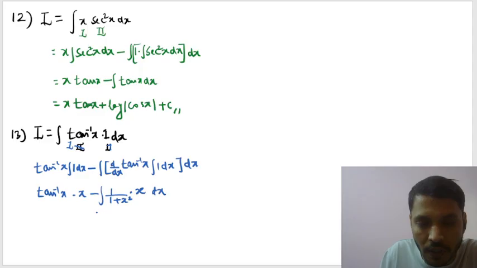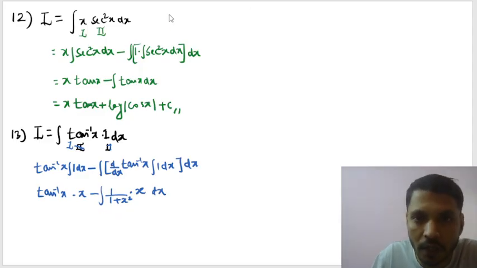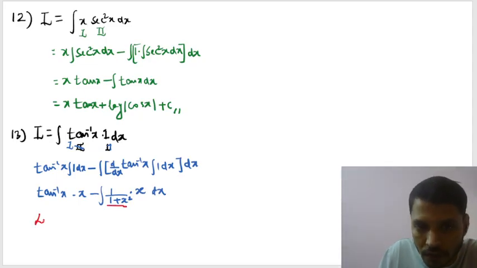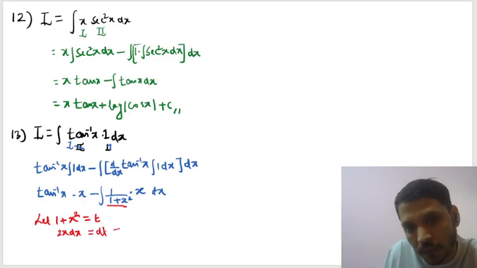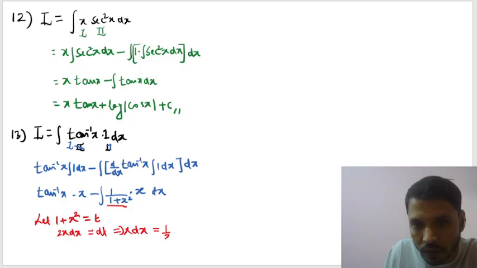For solving the second part, we can apply substitution. Let 1 plus x square be equal to t. So from here we get 2x into dx equal to dt, which means x into dx is equal to 1 by 2 into dt.